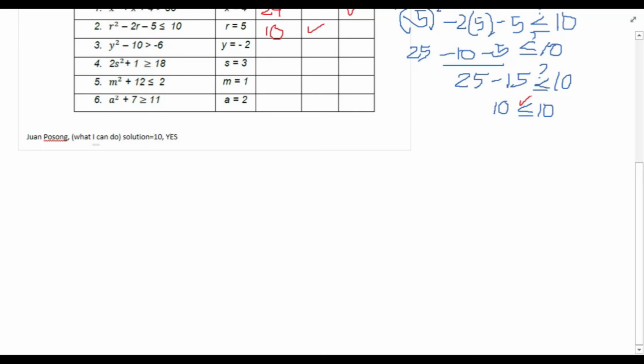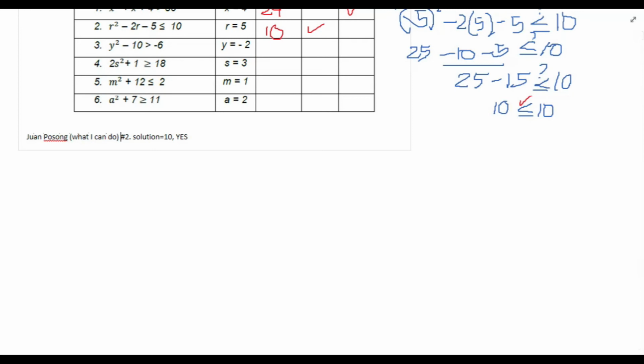Number 2, like the one. So your name, then what I can do, even without a comma here, it's okay. Then open and close parenthesis, what I can do, number 2, then solution equals 10, then yes. You can also write continuously.